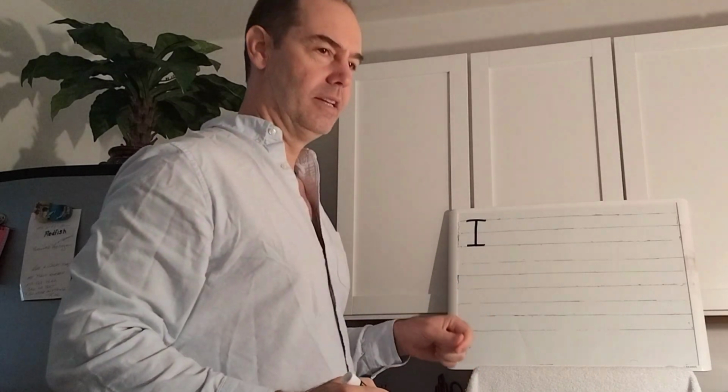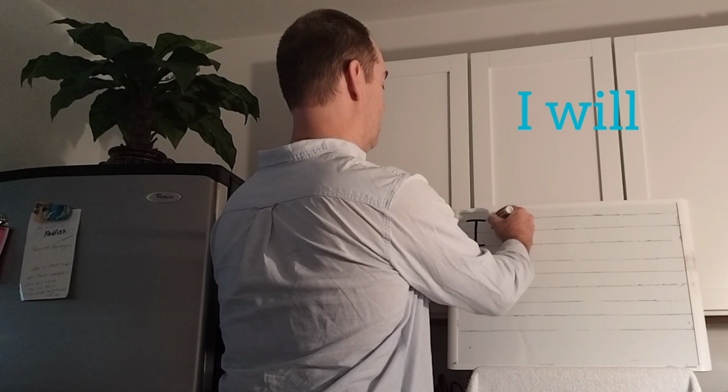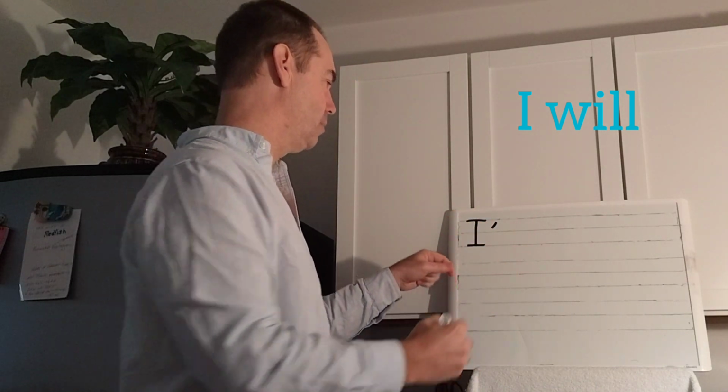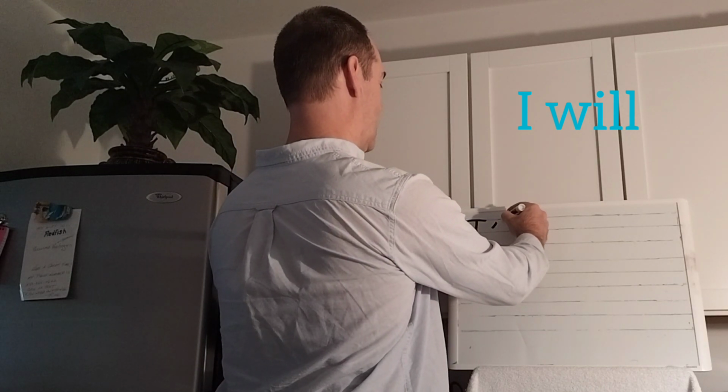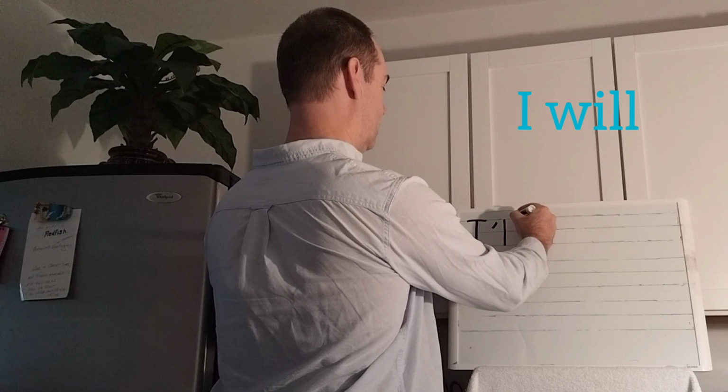Now, I'll is not a real word, is it? I'll. It's short for I will. We use an apostrophe. It's a dash right here between the top and the middle line, and then we put in a couple of L's all the way from the top line through the middle line down to the bottom line.